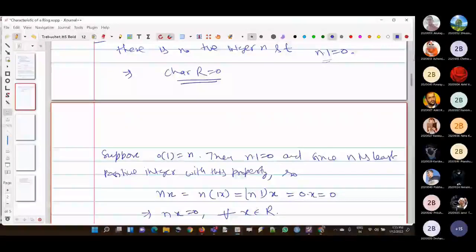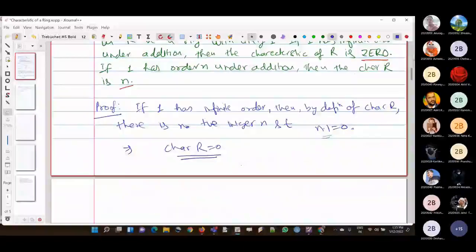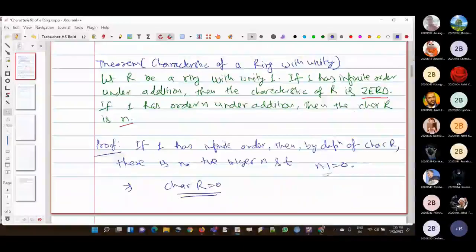Okay. And now from this theorem, we know that a ring with identity has only two possibilities. Either it has characteristic 0 or it has characteristic n. And of course, here we don't know what n is exactly.